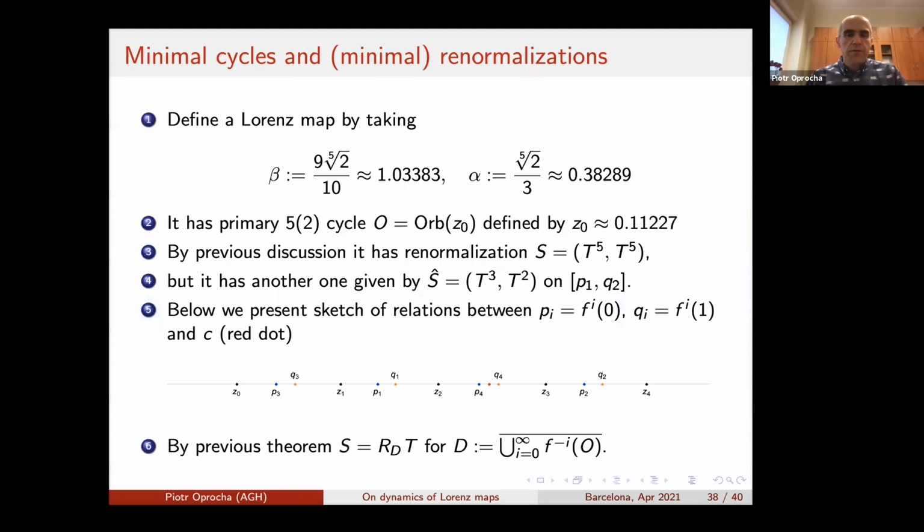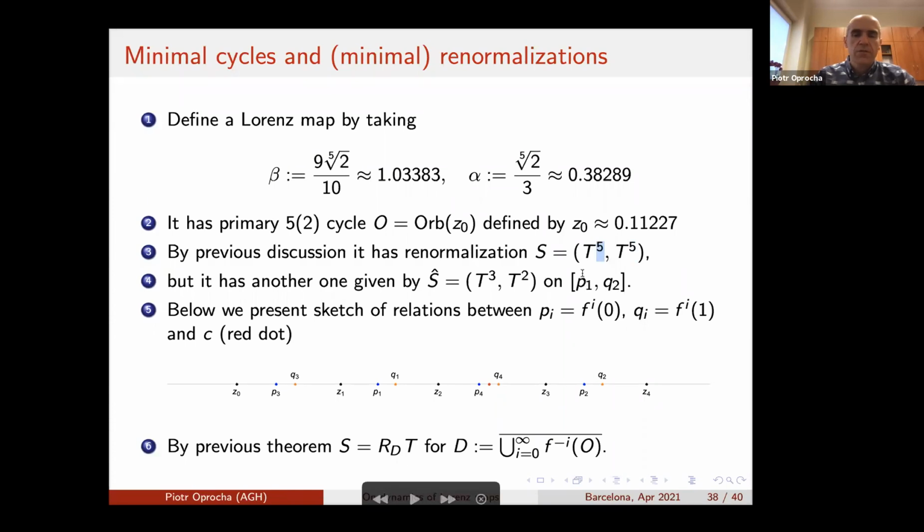But what can happen is that sometimes, so also Ding was hoping that this renormalization, if you have this cycle, will be the minimal one in the sense that all others will be multiples of these numbers, like in our case, I have renormalization 5, 5, so another one should be a multiple of these numbers.